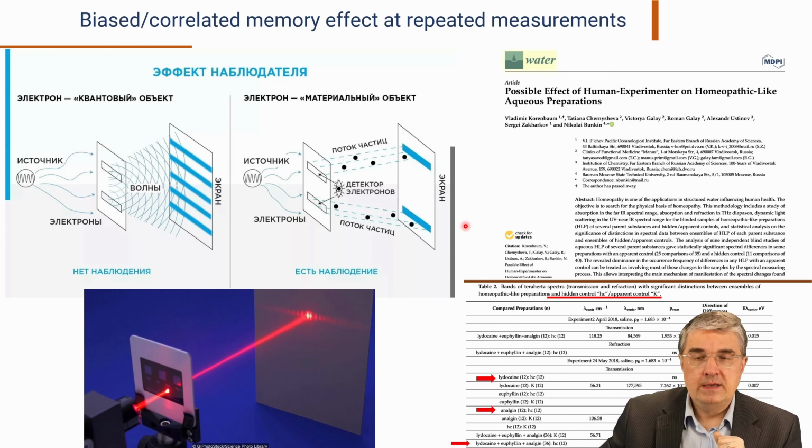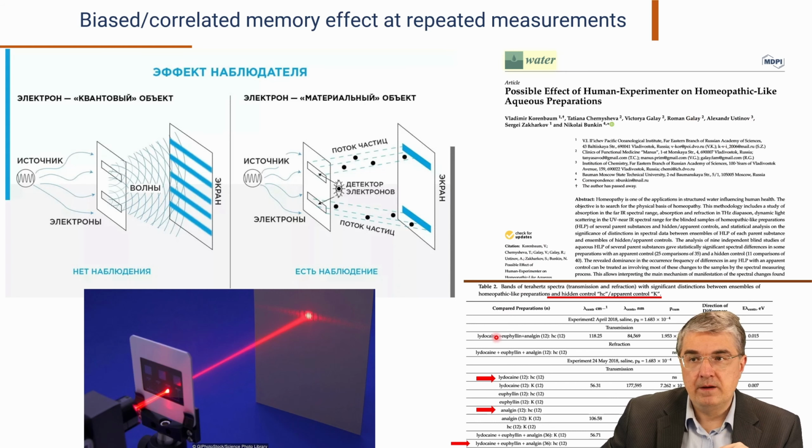But this is not the only type of experiment. There are other experiments. I would like to refer to one last paper of Vladimir Korenbaum. It was recently published. This is about exploration of properties of aqueous solutions.